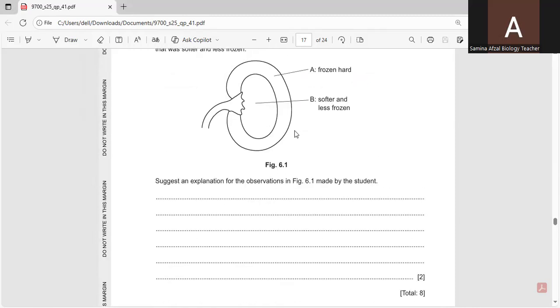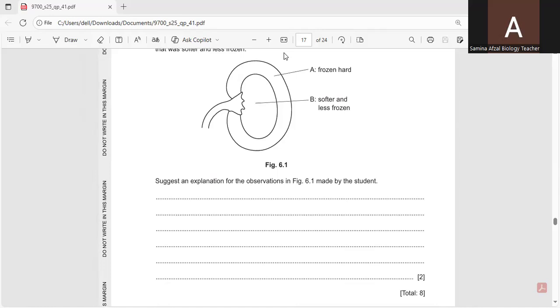So the question is, suggest an explanation for the observations in figure 6.1. So the freezing point for these two can be explained by freezing point depression. When we add a solute into a solvent, it lowers the freezing point of the solution.